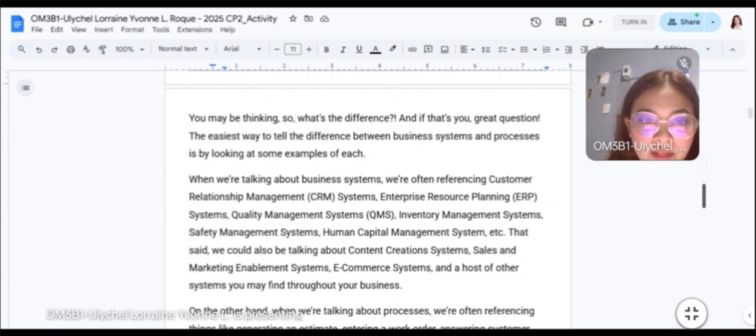The quickest way to tell the difference between business systems and processes is by looking at some examples of each.